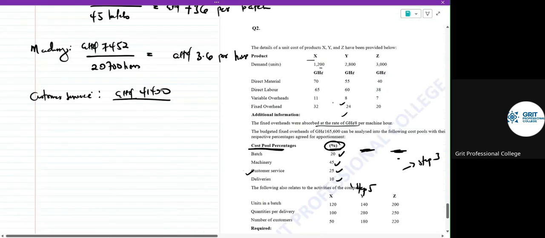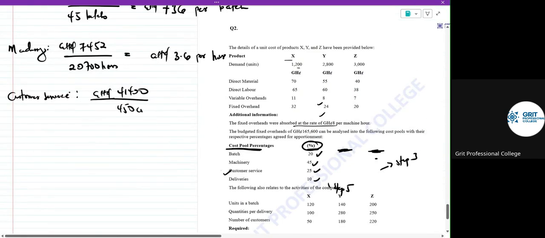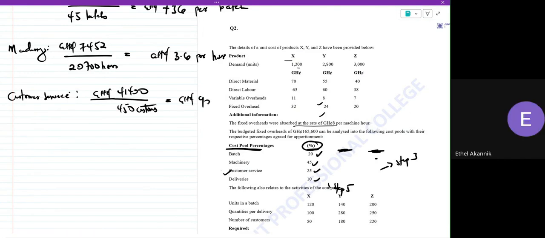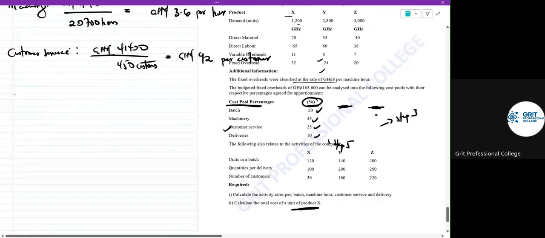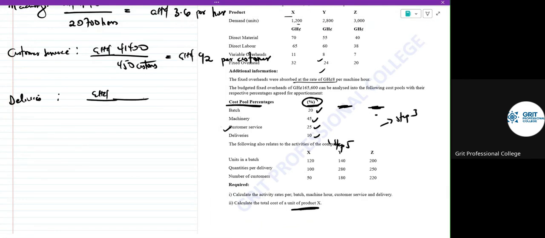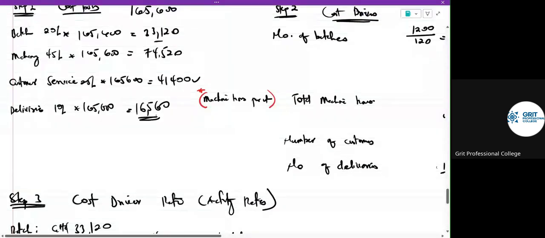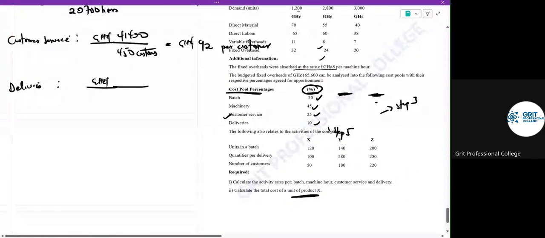So we divide by 450 customers, and that will give us 92 cedis per customer. That's the rate. And then finally, deliveries. The cost allocated there is 16,560.